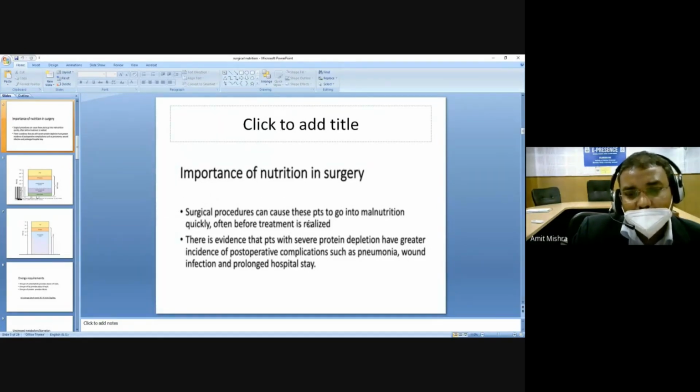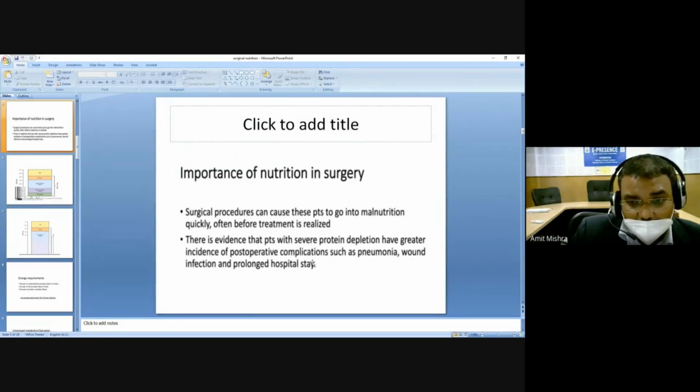Major surgeries like bowel surgeries, cardiac surgeries, thoracic surgeries and orthopedic surgeries make the role of nutritional support in these patients very important. There is also evidence that patients with severe protein depletion have a greater incidence of post-operative complications.